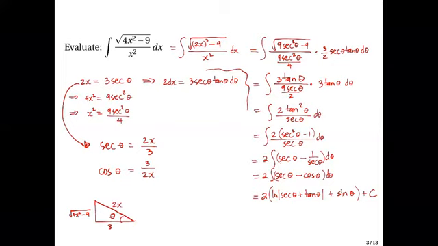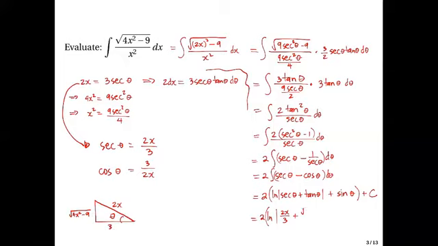And therefore, this integral now becomes 2 times ln, absolute value. Secant theta is this, so you have 2x over 3 plus tangent theta, which is opposite over adjacent.